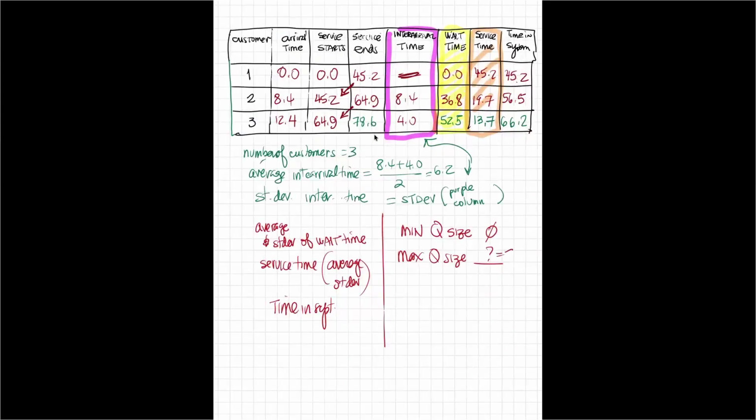The maximum queue size is equal to 2. The average queue size, I want your team to figure out how to calculate the average queue size, okay? The maximum waiting time, oh yeah, we have that.